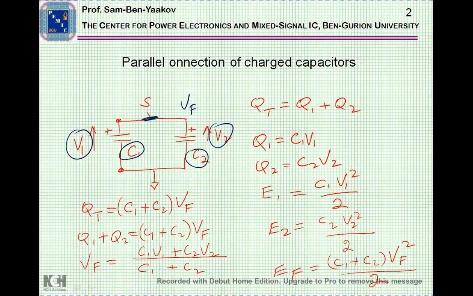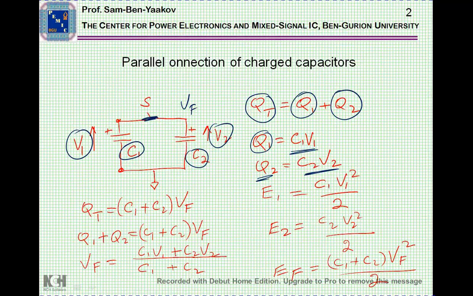So we start off with a statement that the total charge of the system is Q1 plus Q2. Q1 and Q2 are the charges of capacitors C1 and C2. Now, Q1 will be C1 V1, Q2 will be C2 V2. So we start off with these charges.